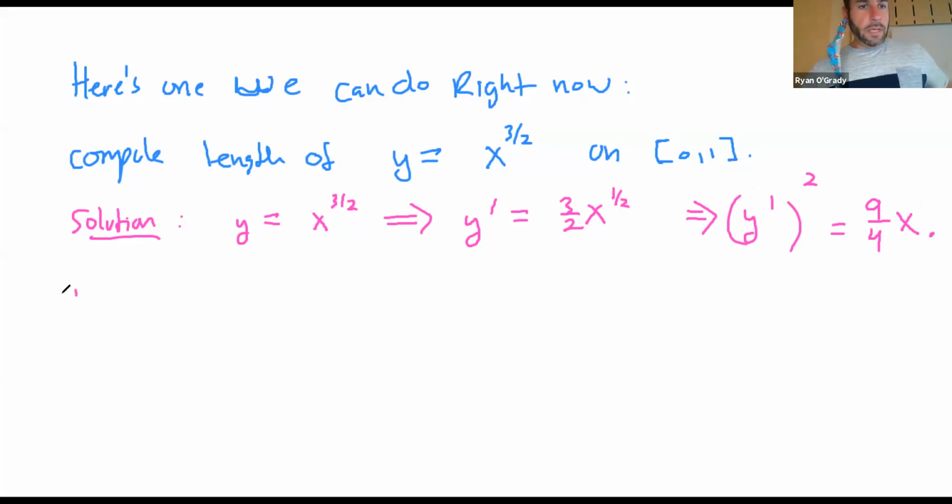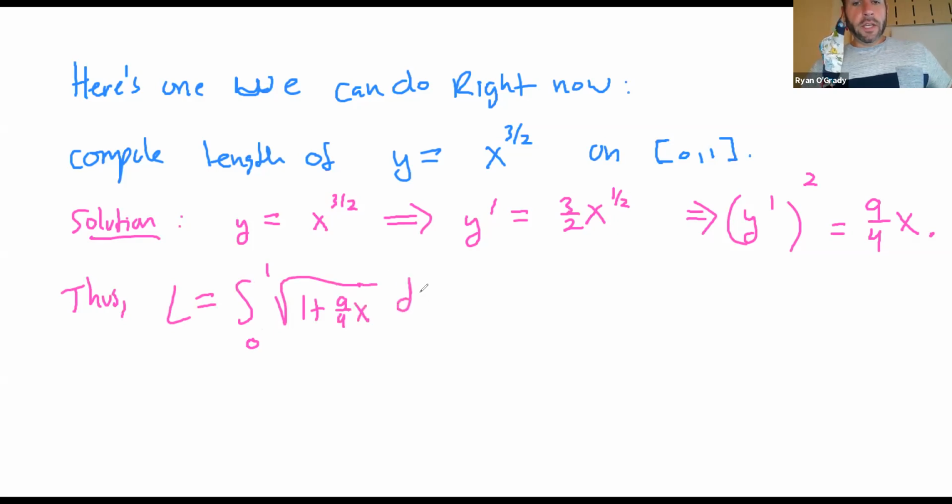And so this means that the length becomes the integral from 0 to 1 of the square root of 1 plus 9 fourths x. And unlike the example we started on Tuesday, the variable here is in the numerator. It's not in the denominator. So this is going to be a very simple u substitution.